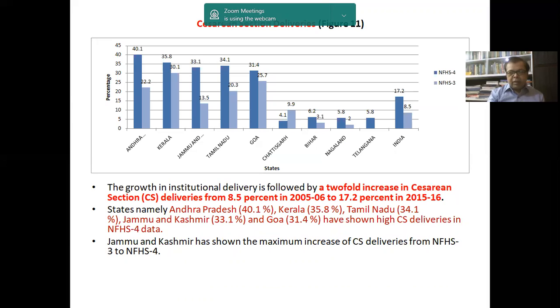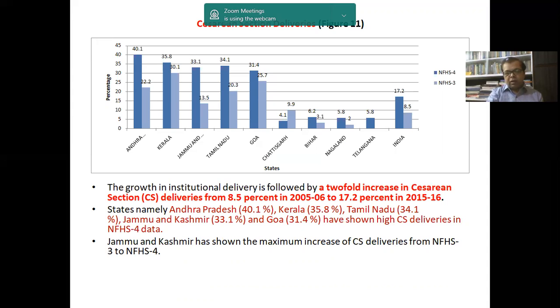Now, what is happening is that with institutional delivery, cesarean section delivery is also increasing. If you go by the numbers, we find that the growth in institutional delivery is followed by a twofold increase in cesarean section delivery, from 8.5% in 2005-6 to 17.2% in 2015-16.